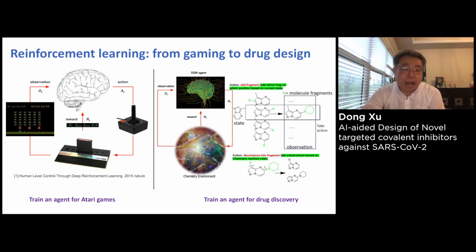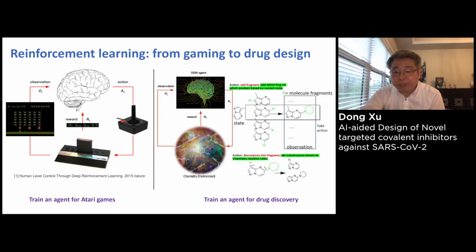In the Atari game, you have a machine learning network to assess the so-called value function. That is whether you are in a winning position or what action would likely lead to a winning position. And then the agent trains a model so that your action, or in machine learning terms, your policy, is more likely to be successful.